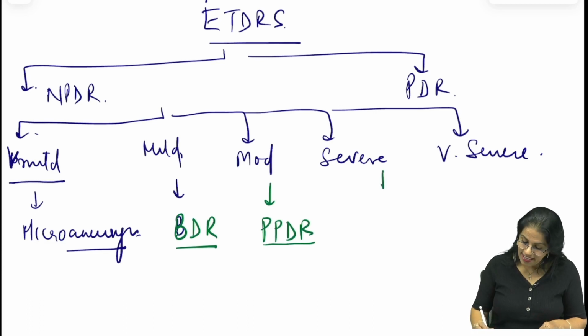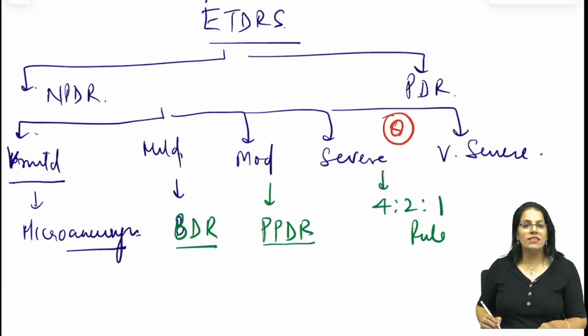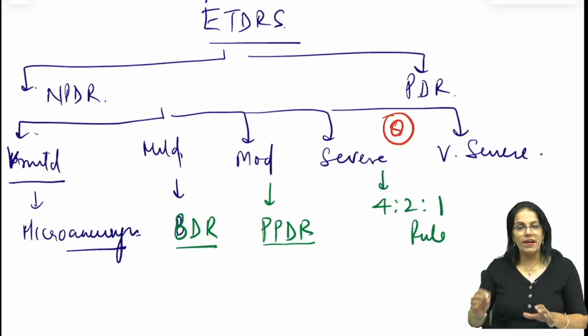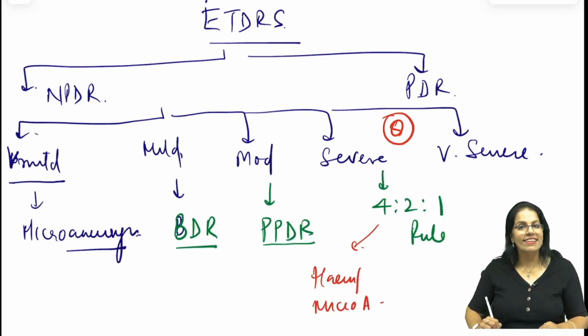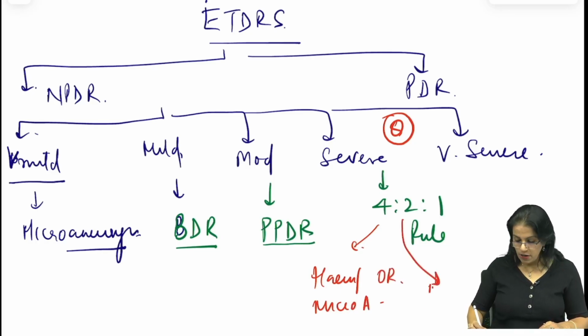What is severe? We will learn the 4:2:1 rule. This is again asked in the exam. We can make a Q here. So, what is the 4:2:1 rule? It says that if you divide the whole fundus into 4 quadrants, either hemorrhages and microaneurysms in all 4 quadrants, or else looping and beading in 2 quadrants.